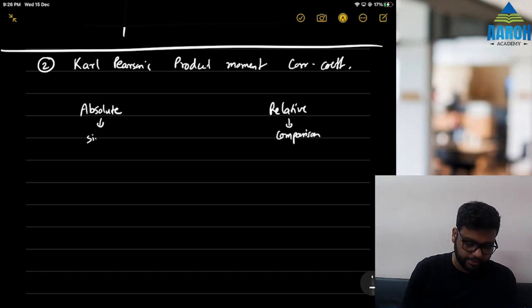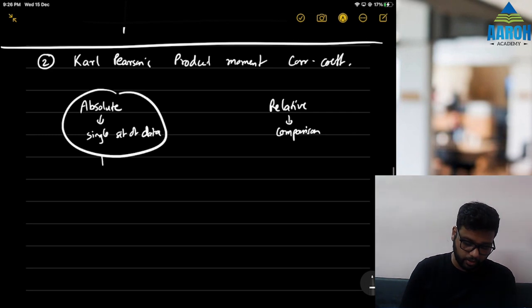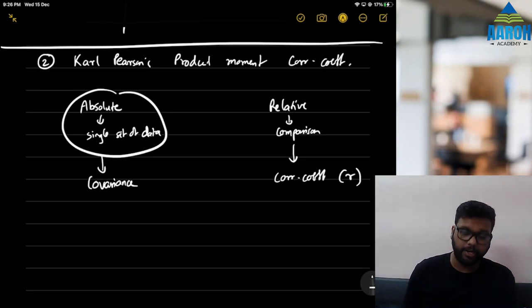These are used for a single set of data. So we have to first see the absolute measure, which is called covariance, and then the relative measure, which is called the correlation coefficient, denoted by R.